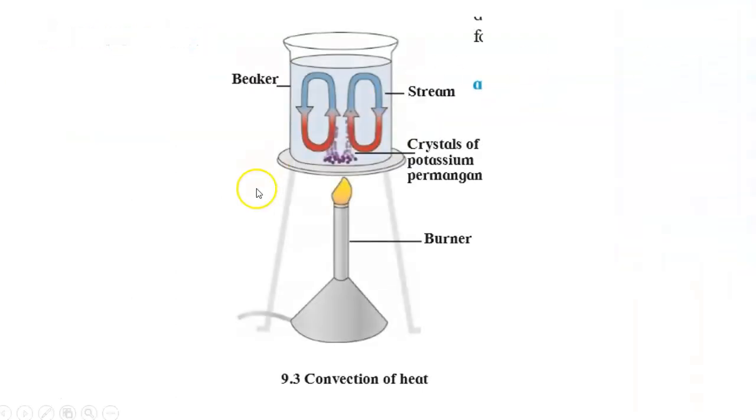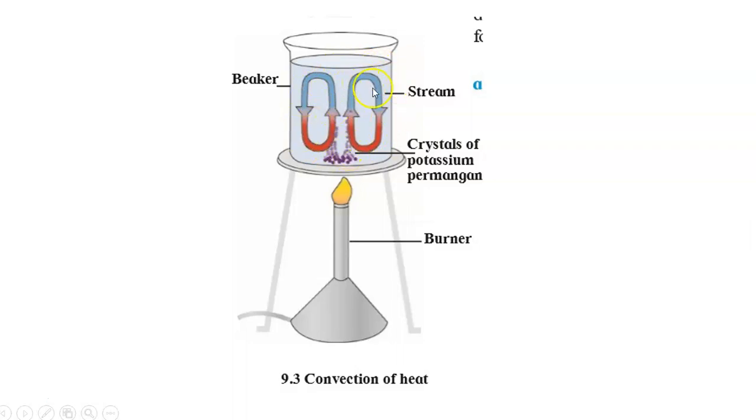Now, my dear students, we are heating this water. A little earlier in this video, I told you that when water or fluid is heated, the hot water or hot liquid rises up and the cold liquid from the top comes down. So there are streams of fluid inside the beaker.